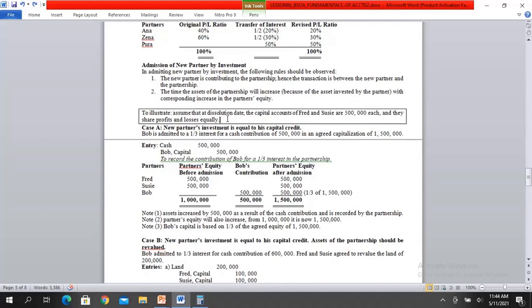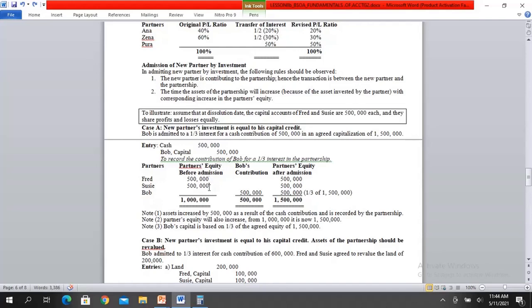So, case letter A, new partner's investment is equal to his capital credit. So, paano yan? So, yan natin yung example. Bob is admitted to a 1/3 interest for a cash contribution of 500,000 in an agreed capitalization of 1,500,000. So, kay partners, Fred, Susie, and Bob. So, partners equity before admission, merong 500,000 si Fred.